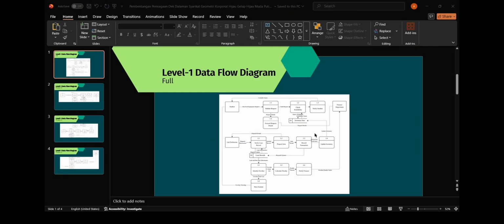Once the transaction has been confirmed, we send it to the next sub process to update the inventory data.